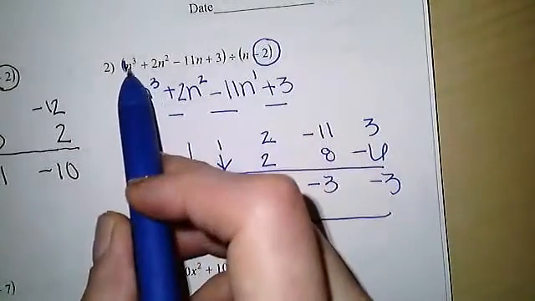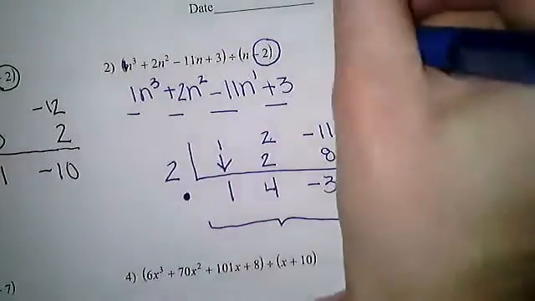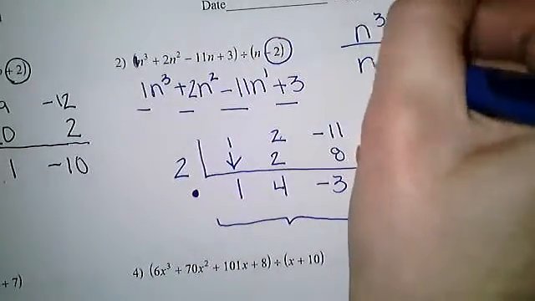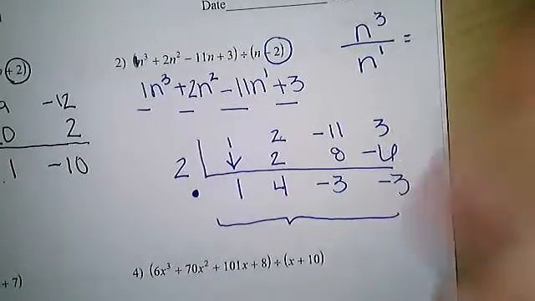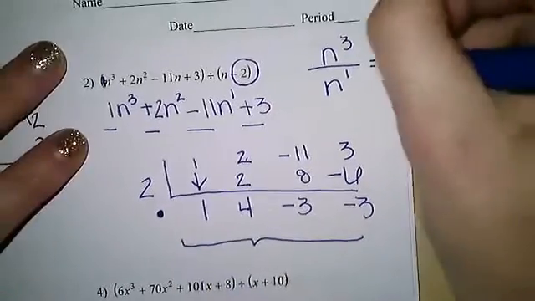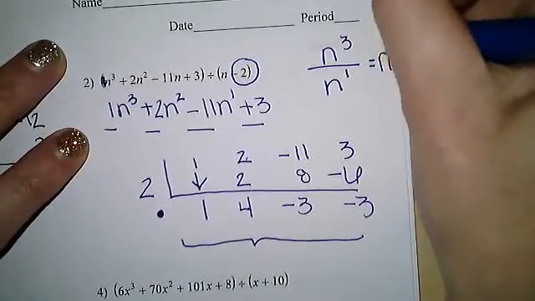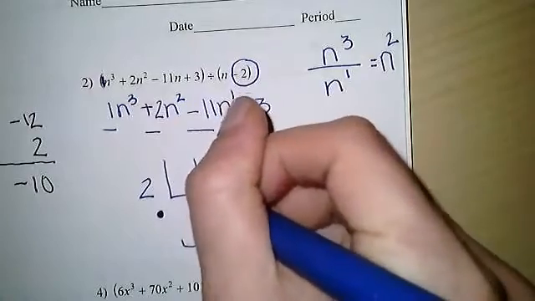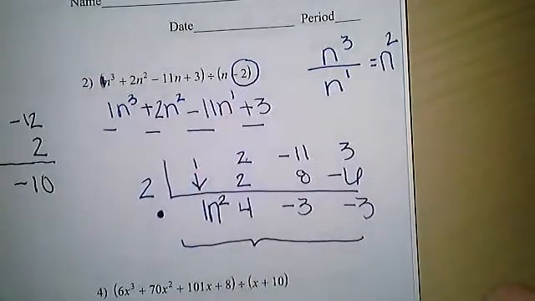So since we know the first term is at n^3 and it's being divided by an n^1, that means our very first term here is going to be an n^2 because we subtract our exponents. So we're going to put an n^2 right here. Then we just kind of go down from there.